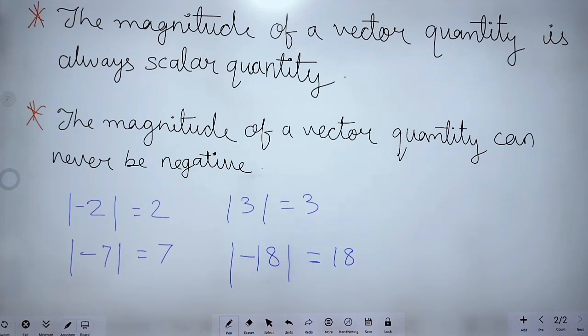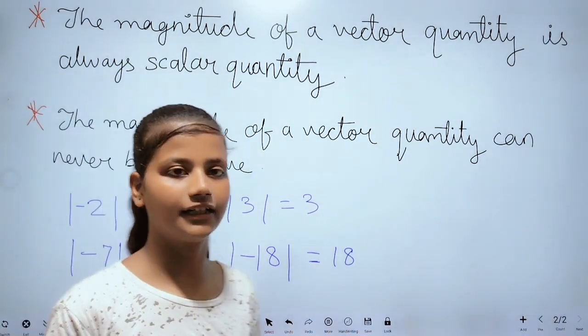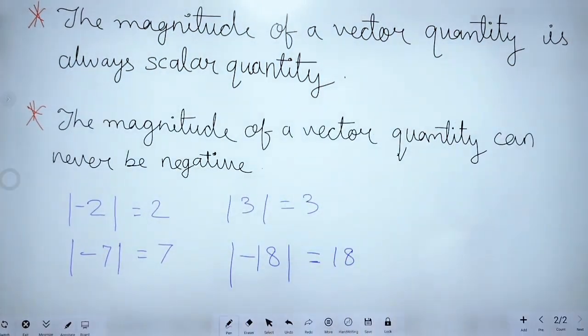So that's why the magnitude of a vector quantity can never be negative, it is always positive.